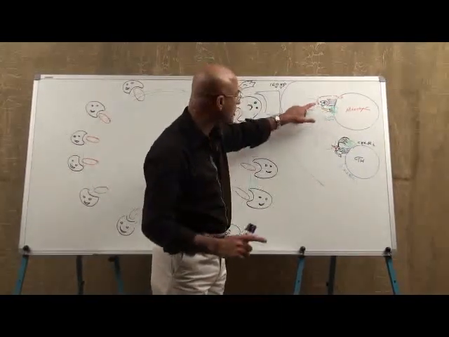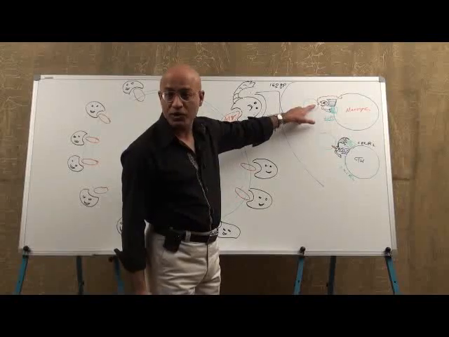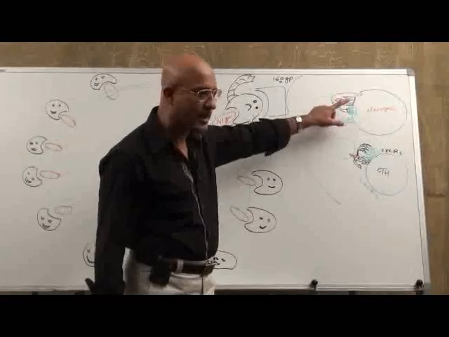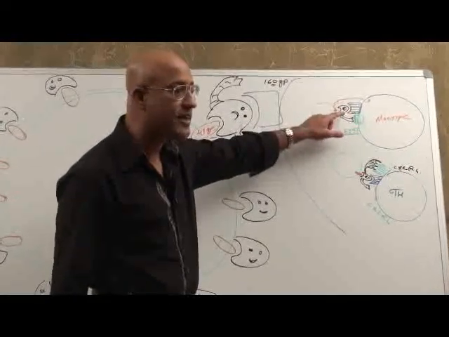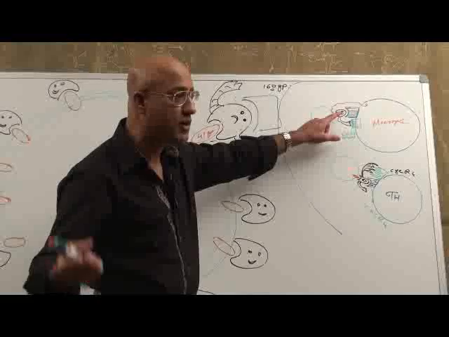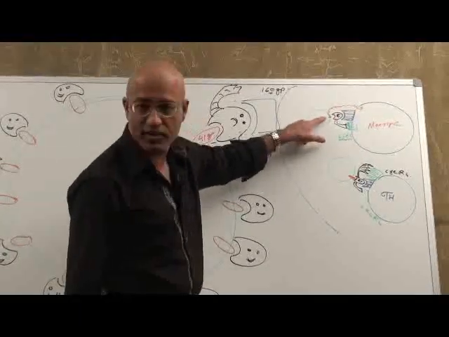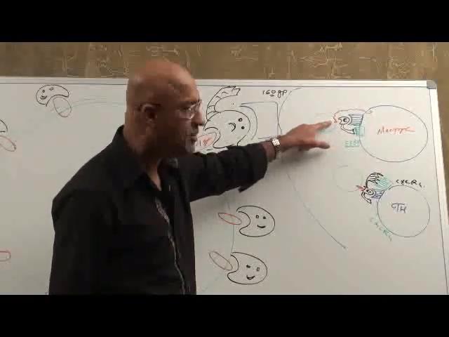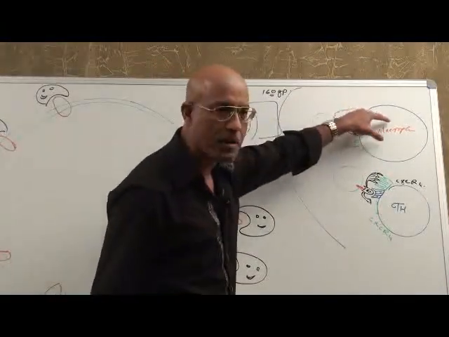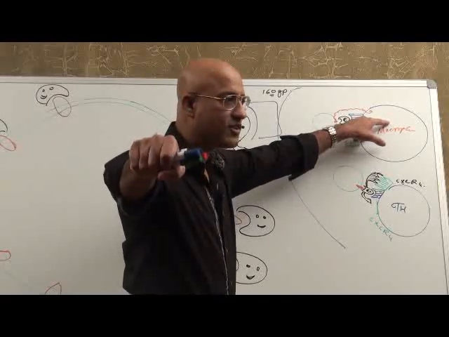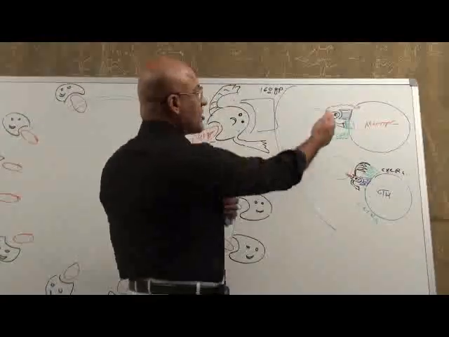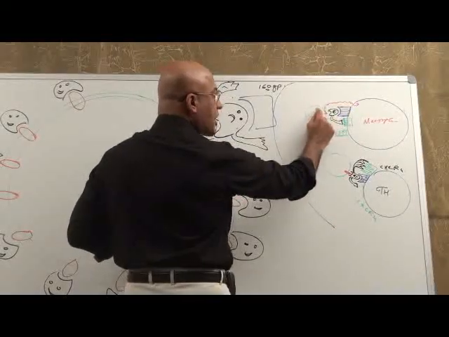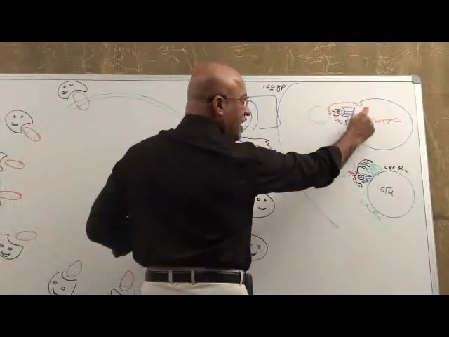The real action is started by GP41. As I told you, like the boy and the girl, primary and secondary attachment have to be there. If there is no attachment, no action. But now the real action comes. GP41 becomes super active, slips on the side, and enters into the membrane. Then it starts pulling the viral membrane towards the target cell.